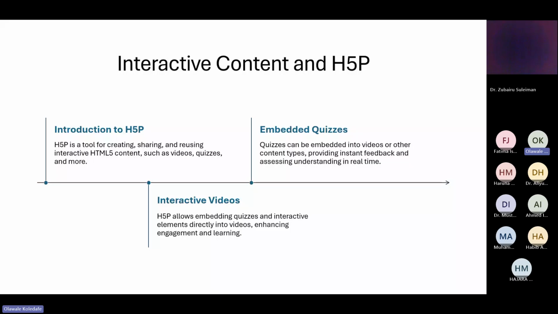So H5P can also come with embedded quizzes where, after they have watched a video, they can be asked questions based on the video. And that can also be customized based on their responses. If they have responded well, they can advance, or take them back to learn other things before continuing.